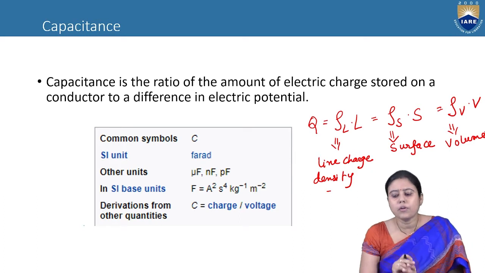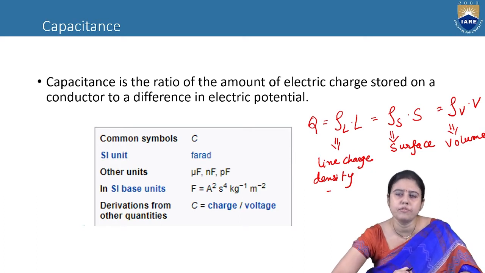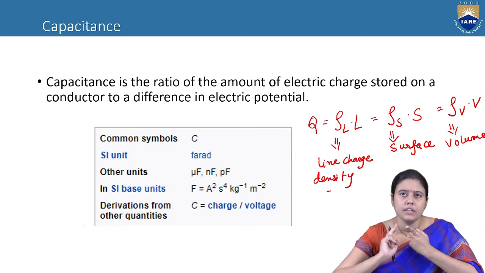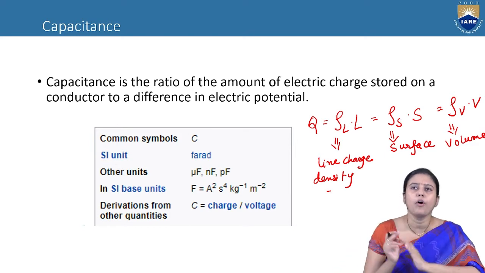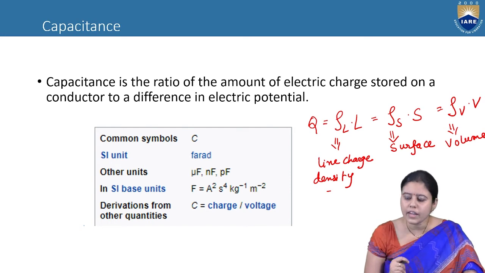So Q can be defined as three types: line charge density, surface charge density and volume charge density.